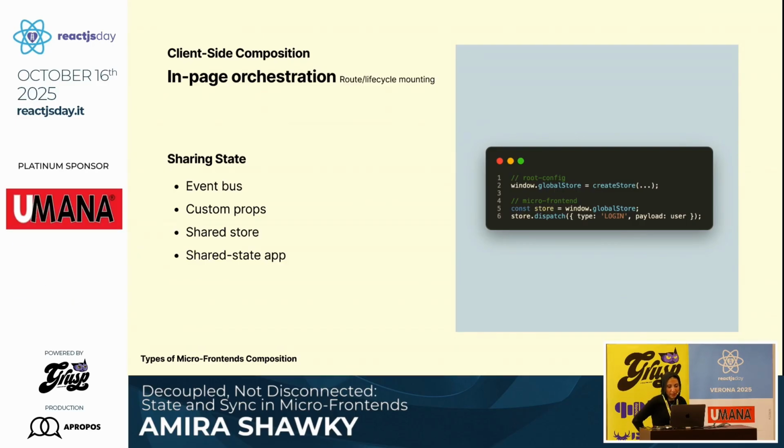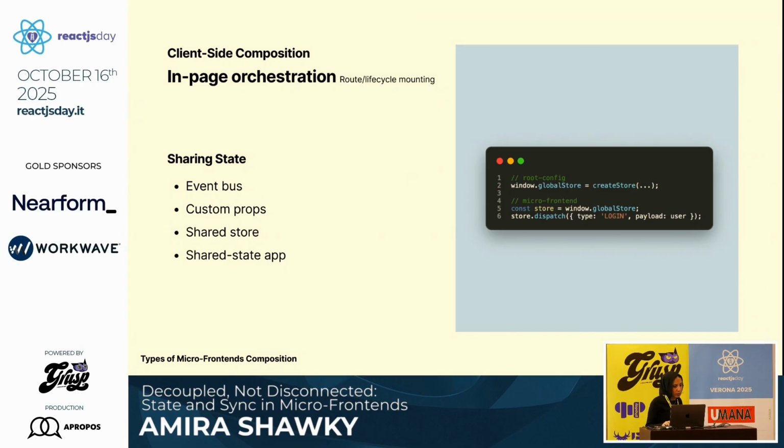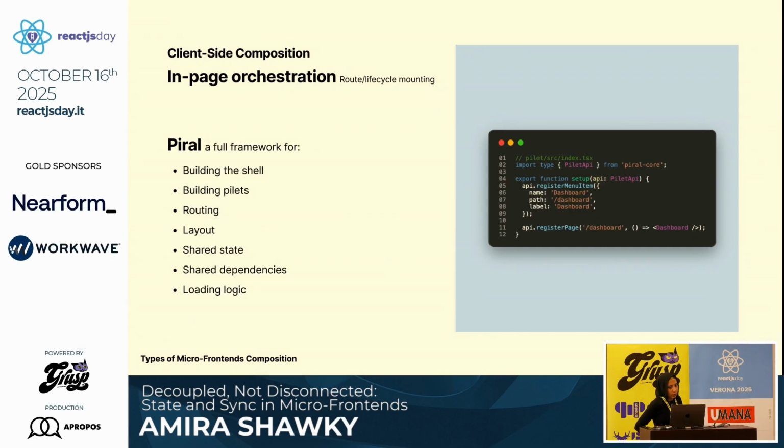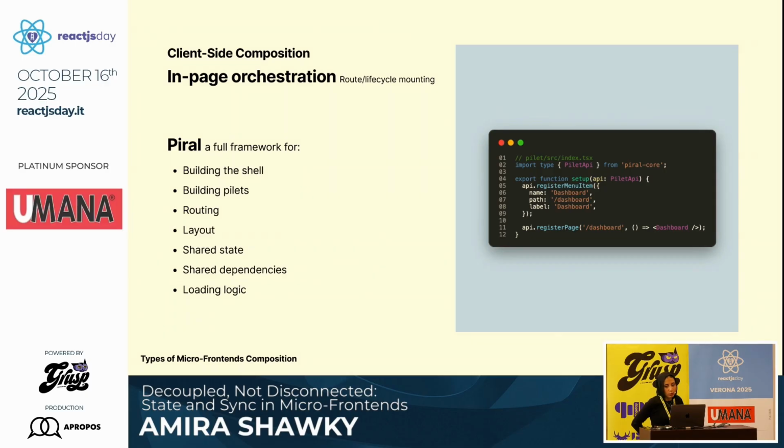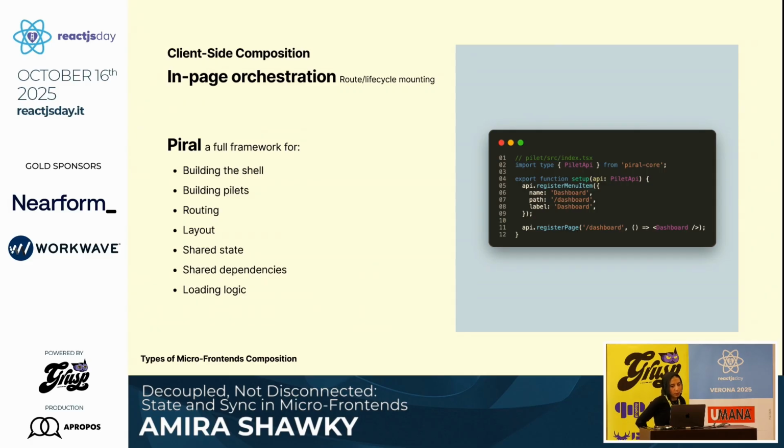We now know how to implement route lifecycle mounting via libraries, but we can also do this with frameworks such as Piral. Piral is a framework for building modular front-end applications where each module, called a pilet, is a self-contained micro-frontend, so each pilet is built, versioned, and deployed independently, often as a separate NPM package or a CDN bundle.